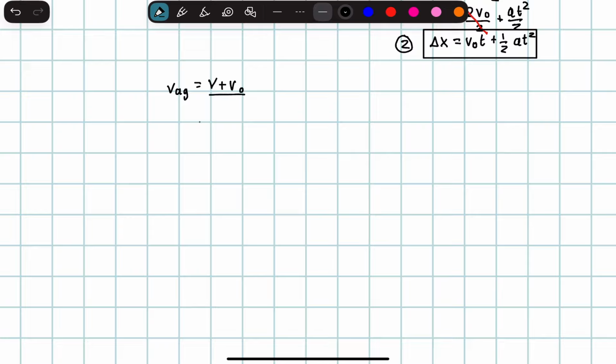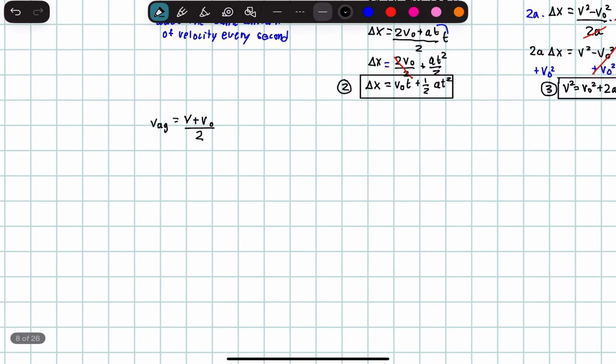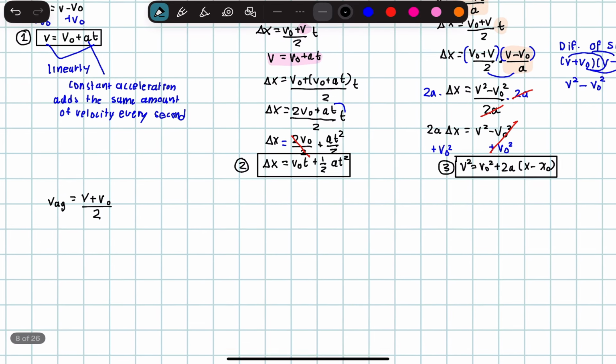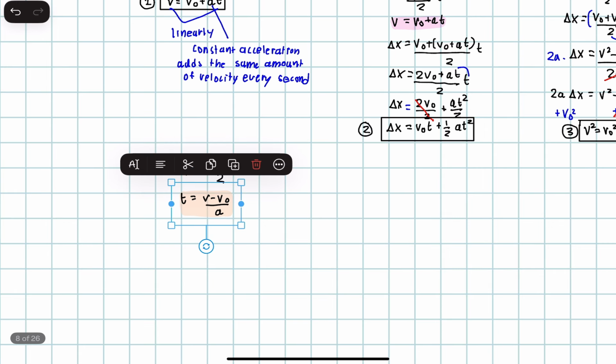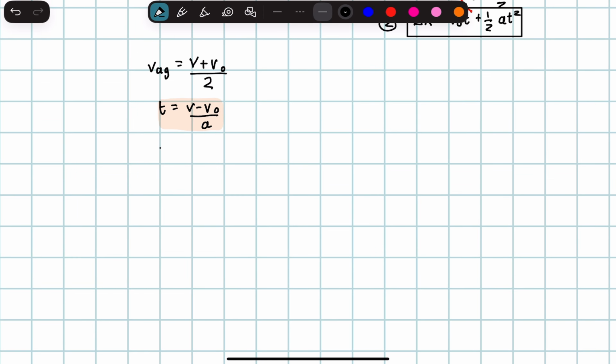So that's the velocity you're at plus the initial velocity, and you take the average of that, and then you can multiply by time. So then we have that x minus x initial is equal to 1/2 v plus v initial times t.